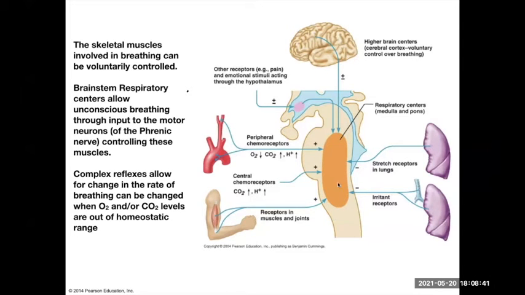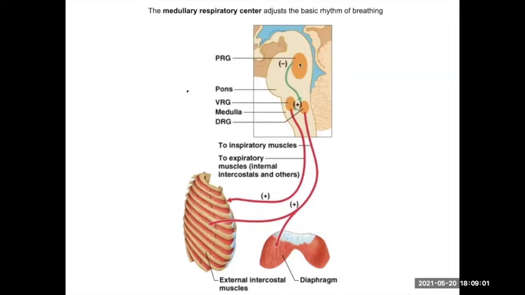You were just breathing automatically without thinking about it, because your brain, you don't want to have to think about breathing all the time, right? So your respiratory centers, particularly the medullary ones, set this rhythmic pace of breathing right there.